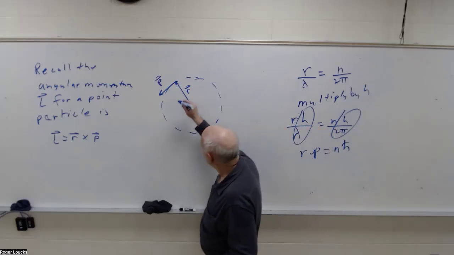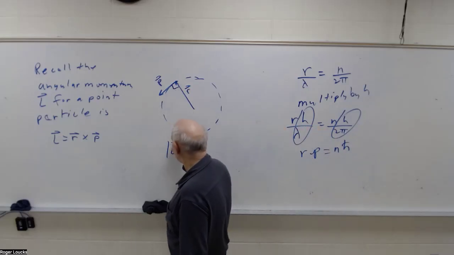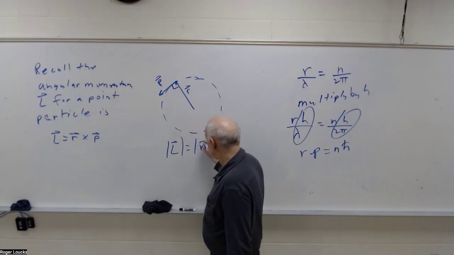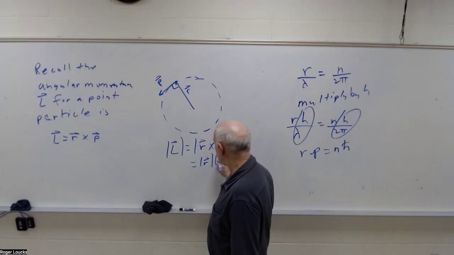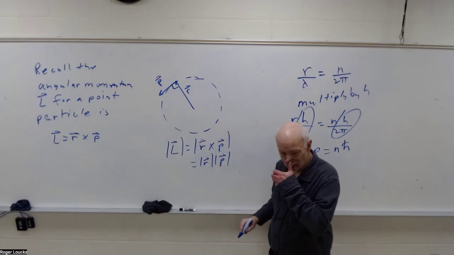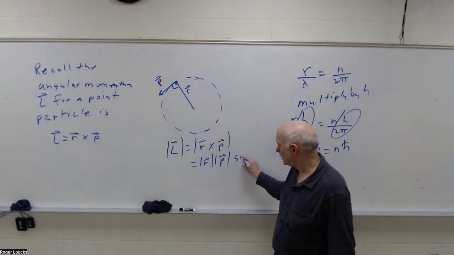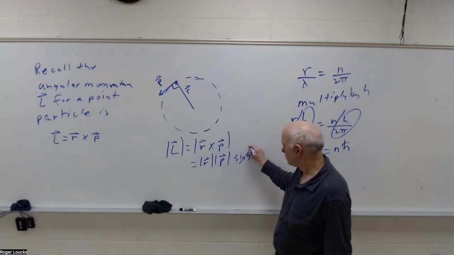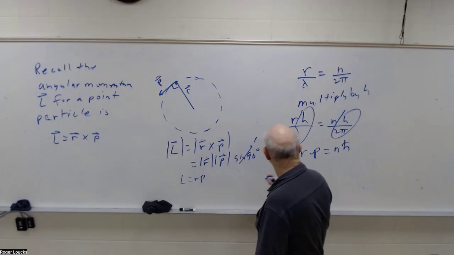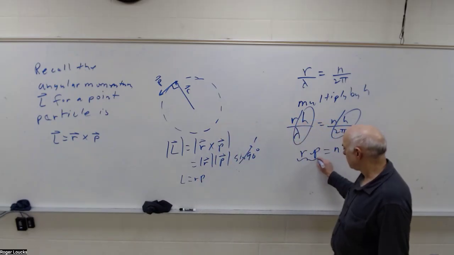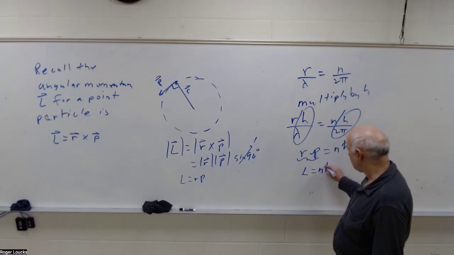So if I look at the magnitude, it's the magnitude of r, magnitude of p times sine 90, which is 1. So L equals r p. So this is L, and L equals n h bar.